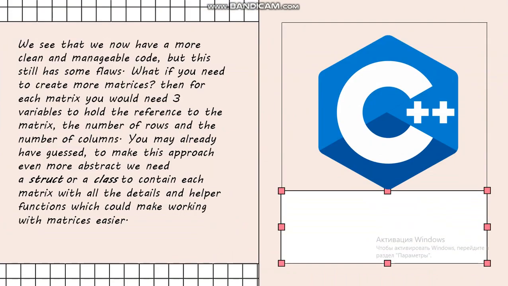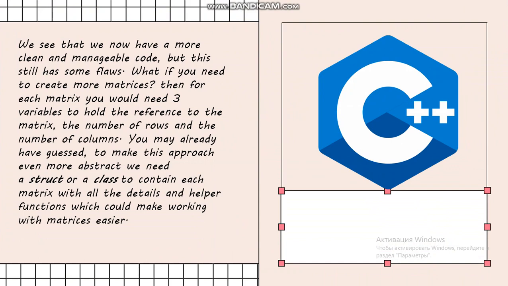We see that we now have a more clean and manageable code, but this still has some flaws. What if you need to create more matrices? Then for each matrix we would need 3 variables to hold the reference to the matrix, the number of rows and the number of columns.